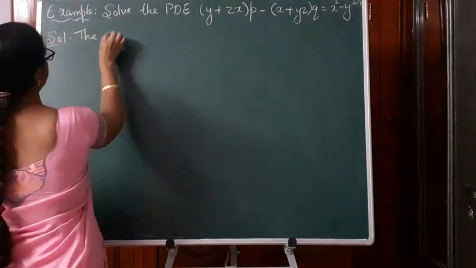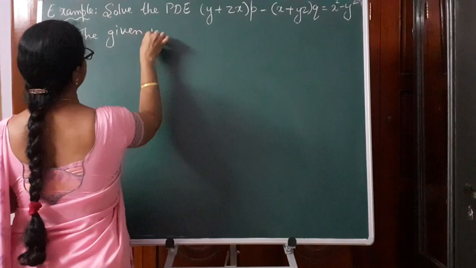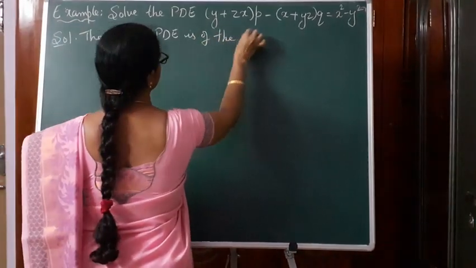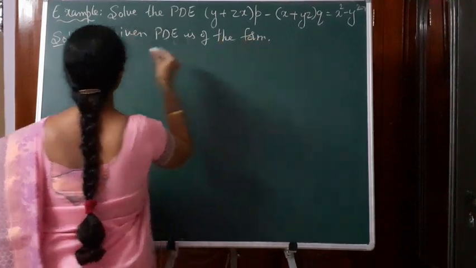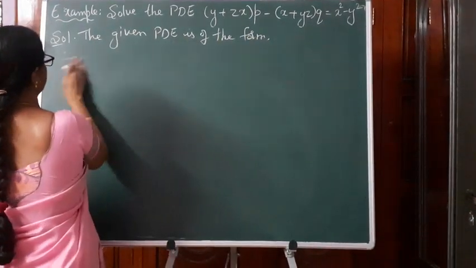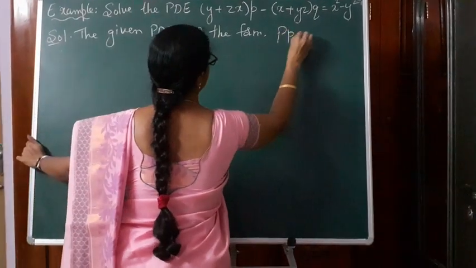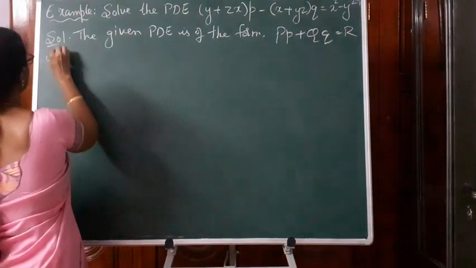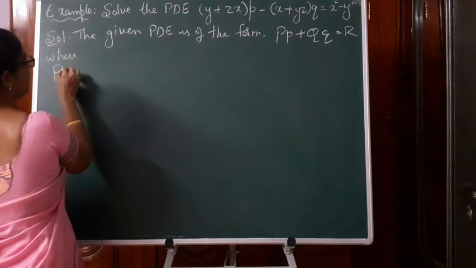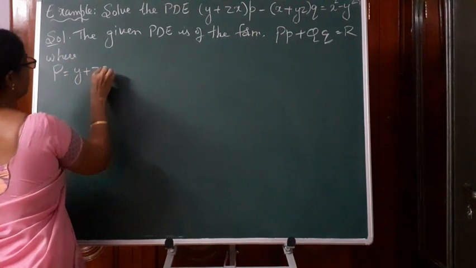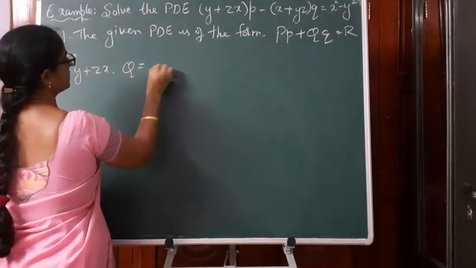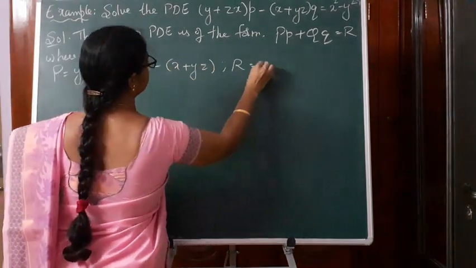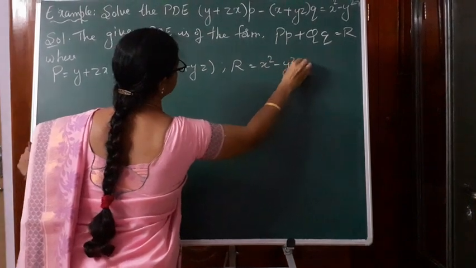The given PDE is of the form P into p plus Q into q is equal to R, where capital P is equal to y plus zx, capital Q is minus of x plus yz, and R is equal to x square minus y square.